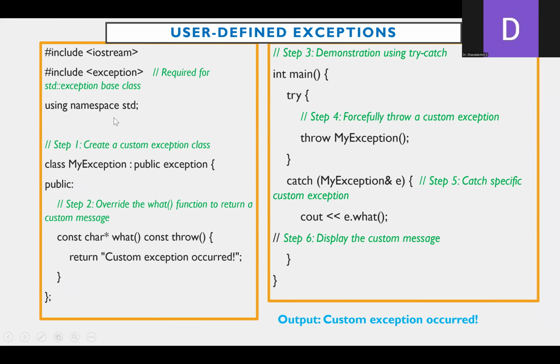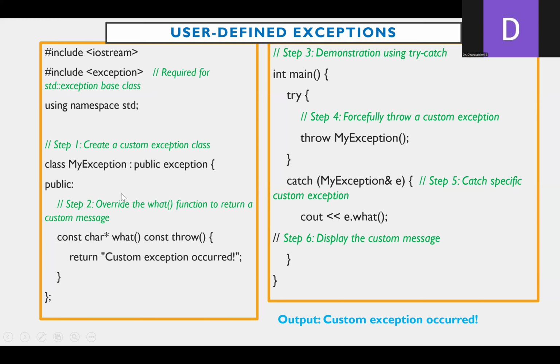So here, step one, we are creating a customized exception class: class myException, public exception. Here, std::exception is the base class for all the standard exceptions in C++.